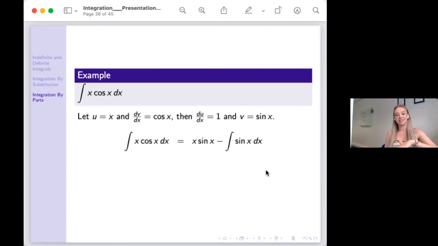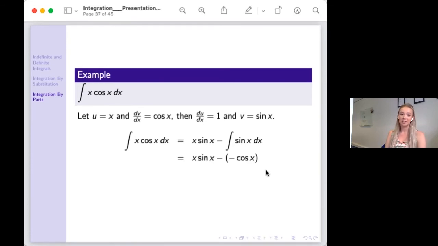We've got another integral that we need to calculate before we'll have our final answer. But it gets easier from here. So the integral of sine x is minus cos, and then we can simplify that a little bit. We've got x sine x plus cos x, and then plus our constant of integration c.